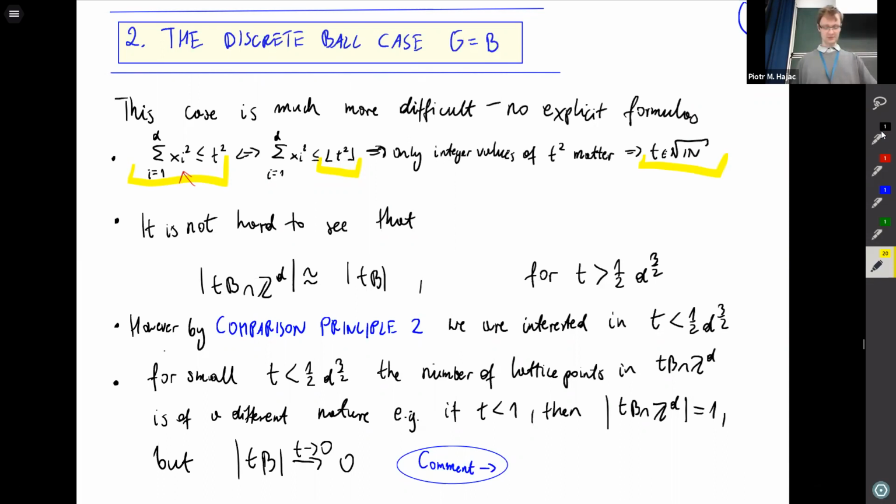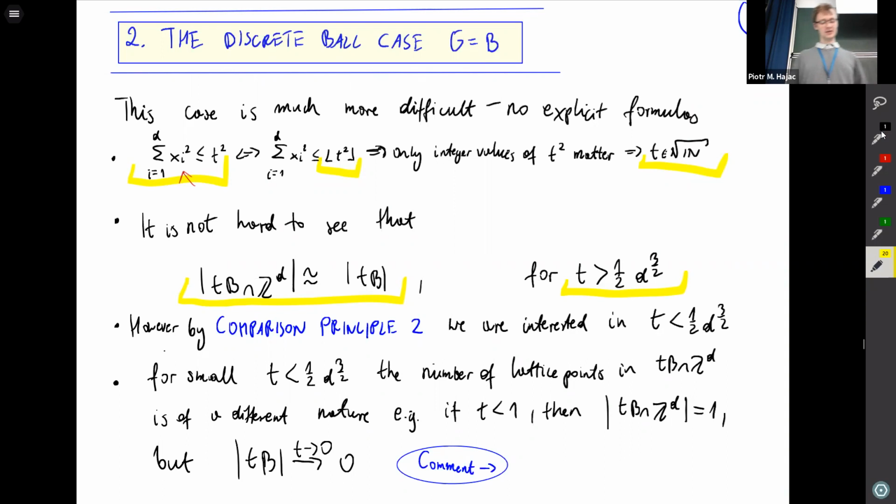Okay, so it's not easy, but it's not really hard to see that the number of lattice points in the ball is comparable to the Lebesgue measure of the ball when the radius t is this. Not incidentally, it coincides with the radius which we knew for our comparison principle, that in this radius we can prove maximal estimates, deducing the discrete ones from the continuous ones.